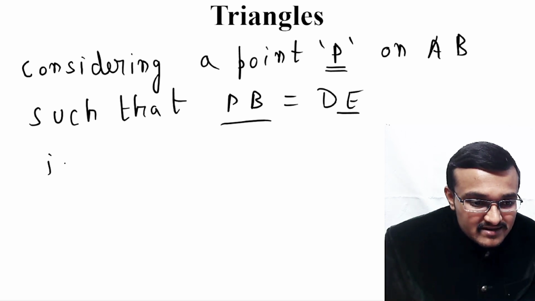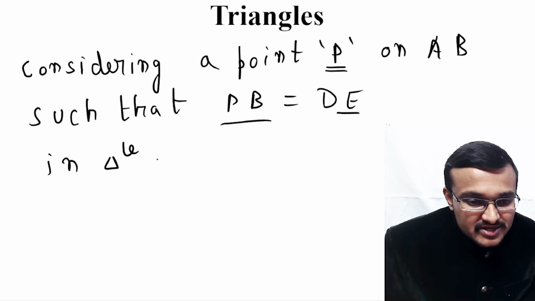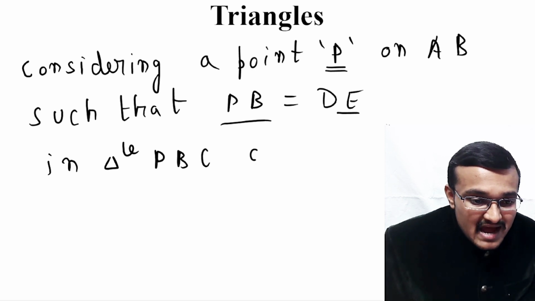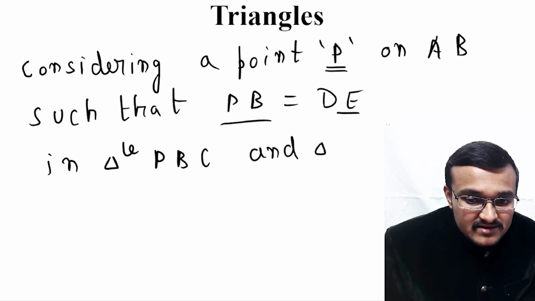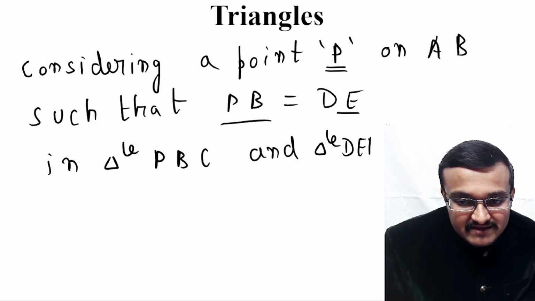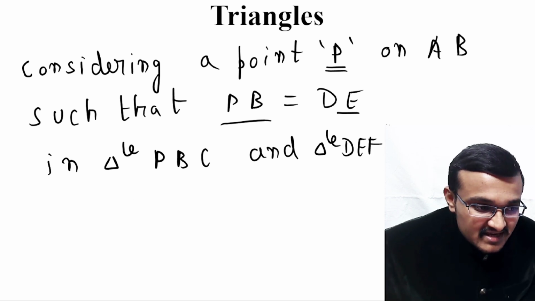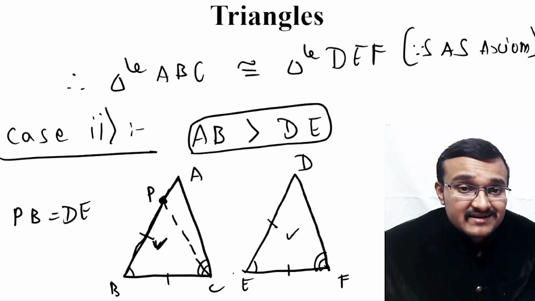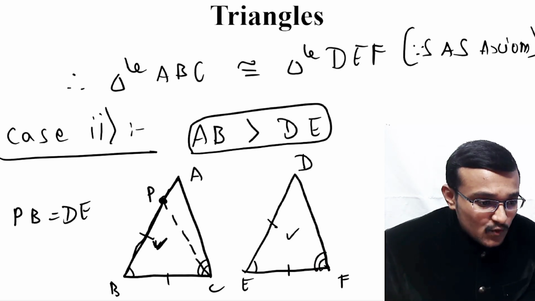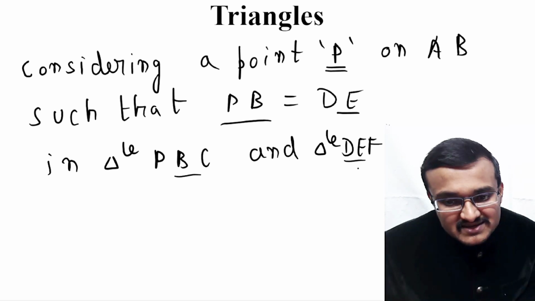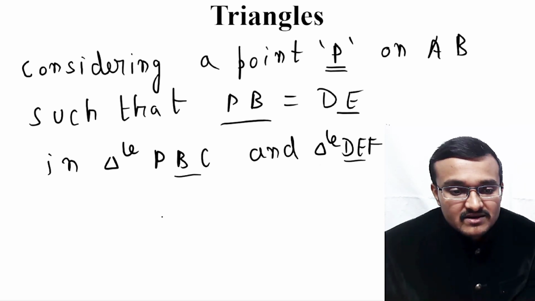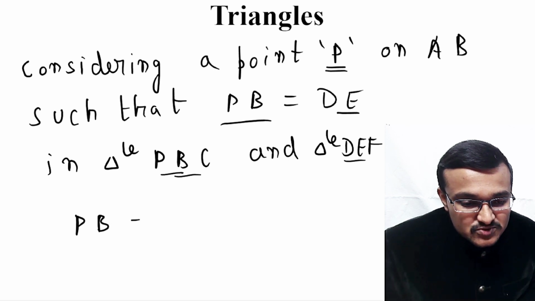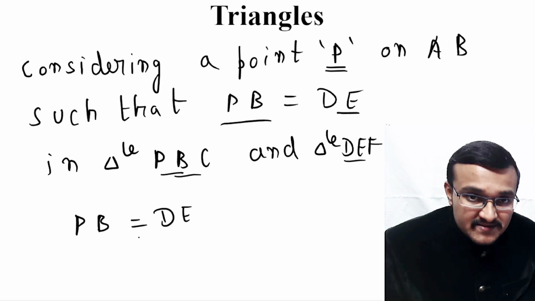Now in triangle PBC and here one more triangle is DEF. So we are considering this inner triangle PBC and DEF. Now in these two triangles, PB is already equal to DE.